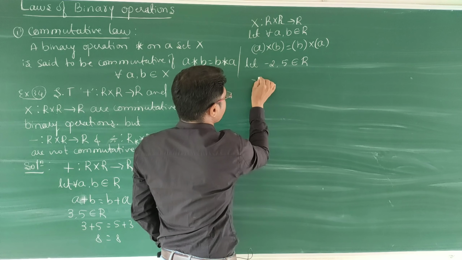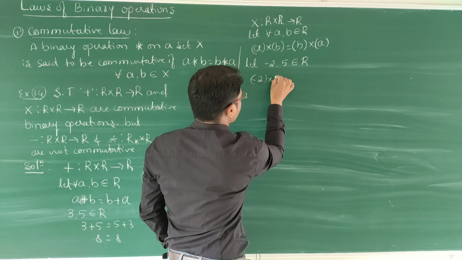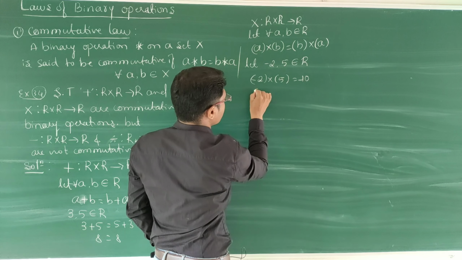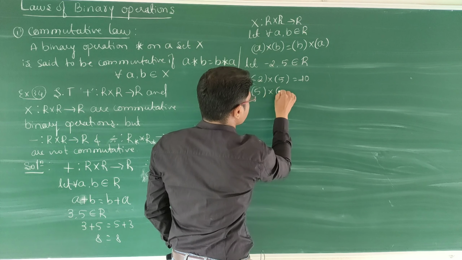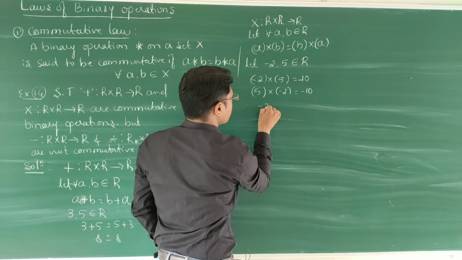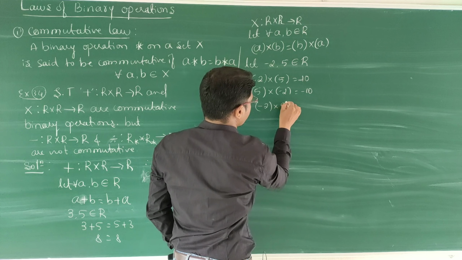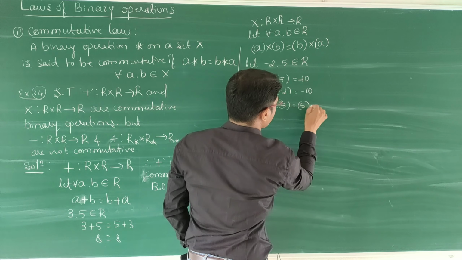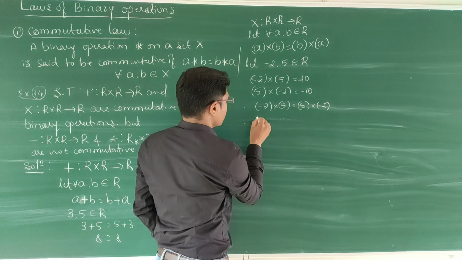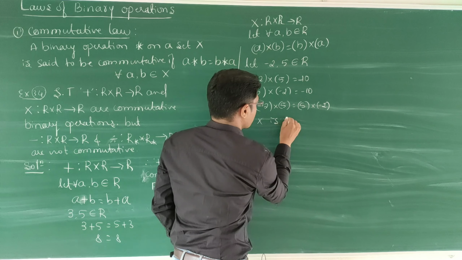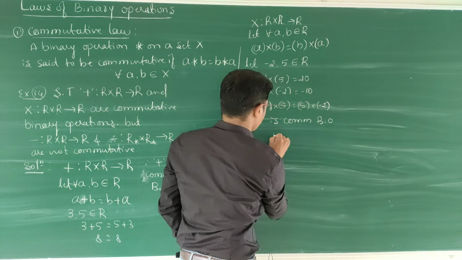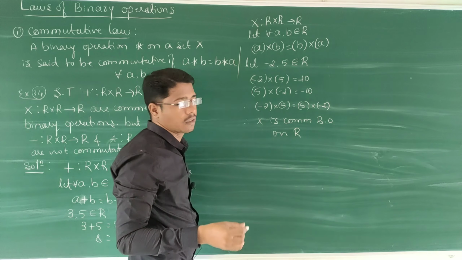Substitute here: minus 2 into 5 is equal to minus 10, and 5 into minus 2 is equal to minus 10. Therefore minus 2 into 5 is equal to 5 into minus 2. So multiplication is a commutative binary operation on the set of real numbers.